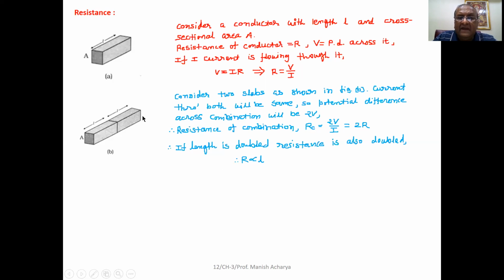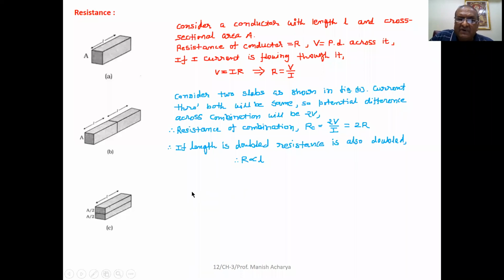In this combination, the cross-sectional area is the same, but the length is doubled. If length is doubled, the resistance is also doubled. From this type of experiment, you can conclude that the resistance of the conductor is directly proportional to the length of the conductor. Clear to all of you?